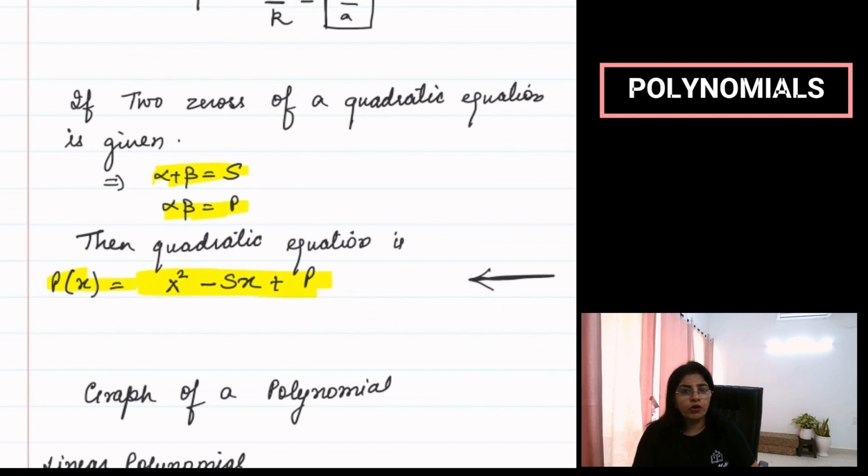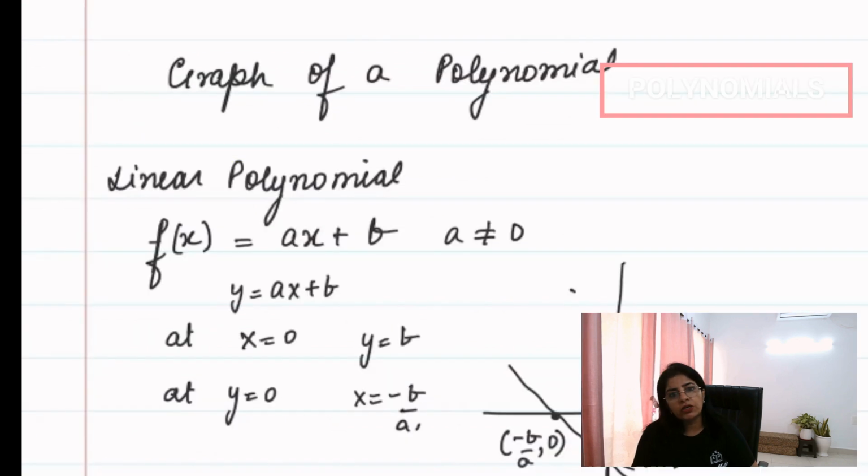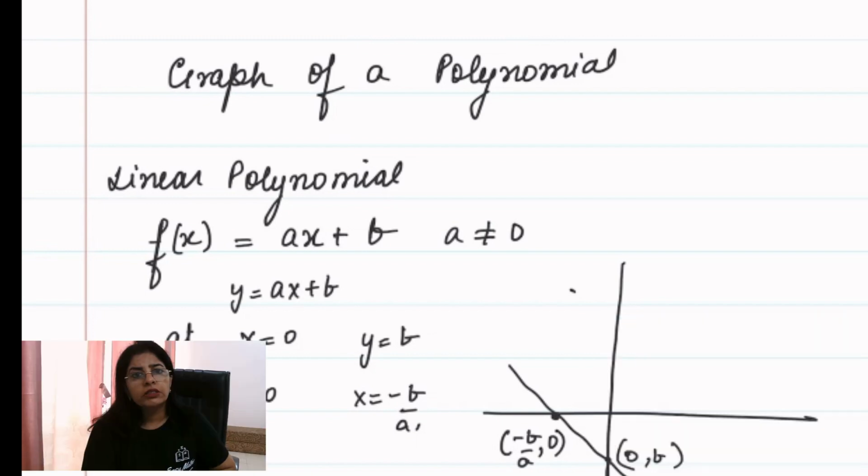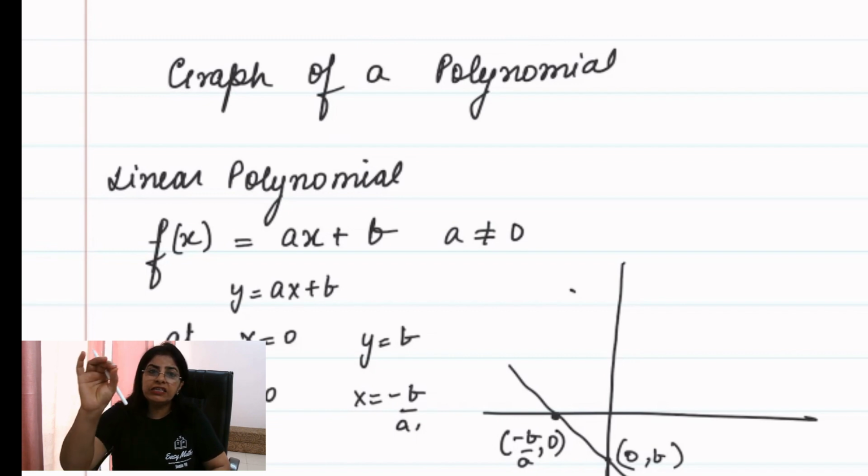Now, the graph of a polynomial is very important because CBSE is very fond of asking questions based on graphs. So this should be very, very clear to you. As per the equation, a linear polynomial will have a linear graph. That means a line as a graph.